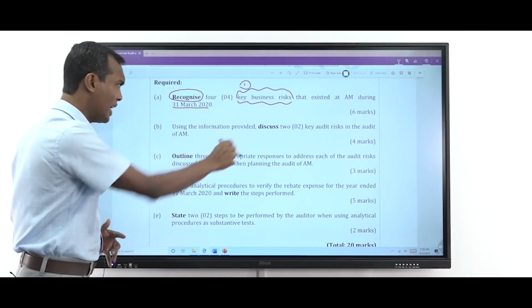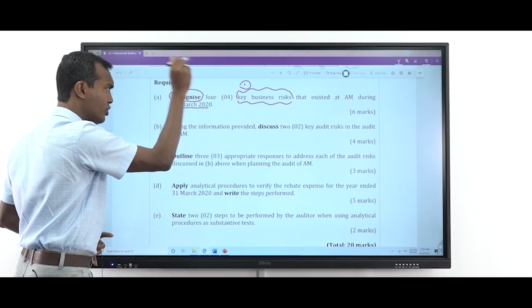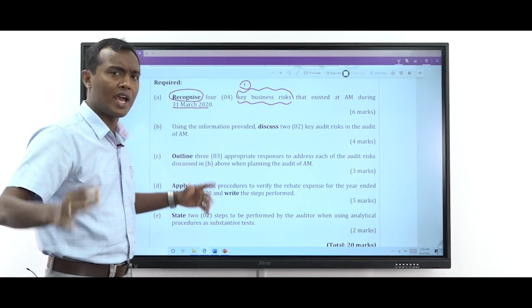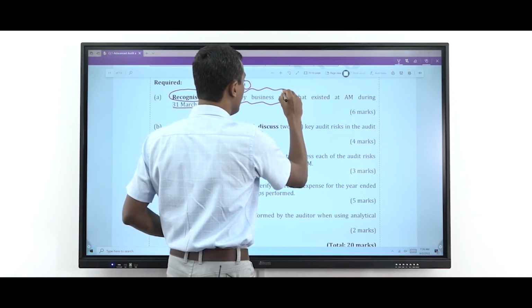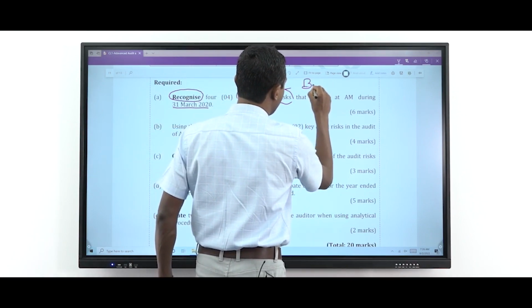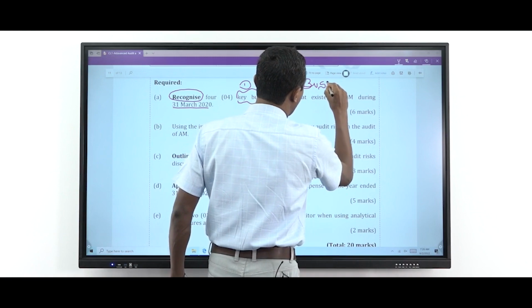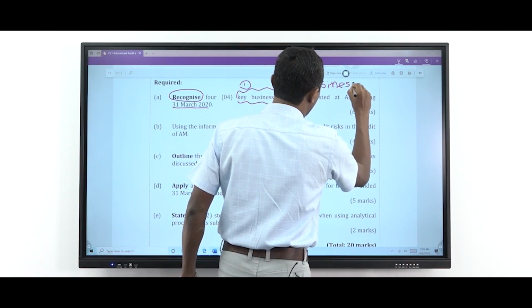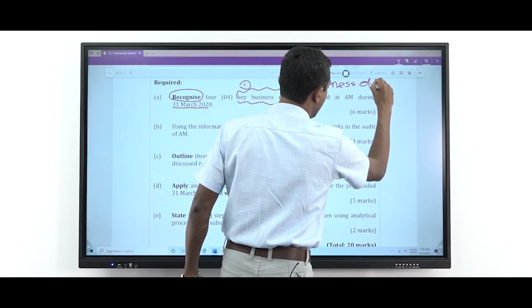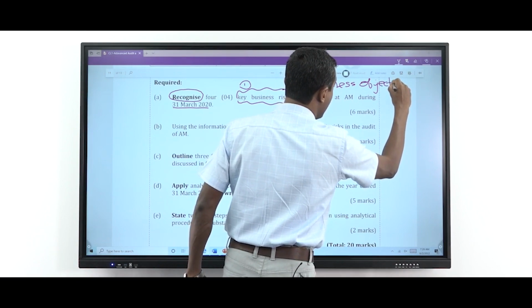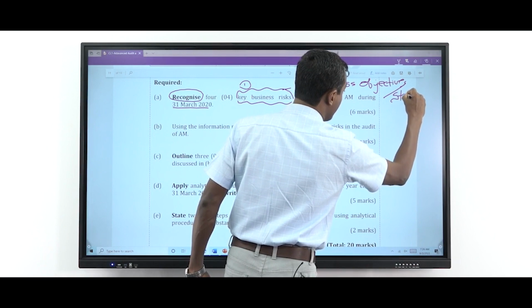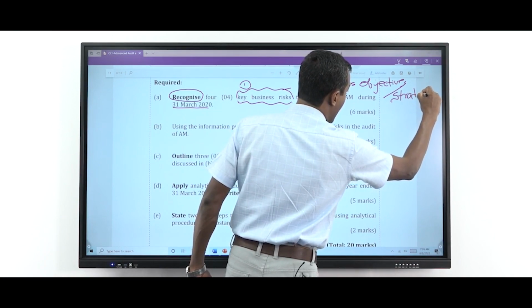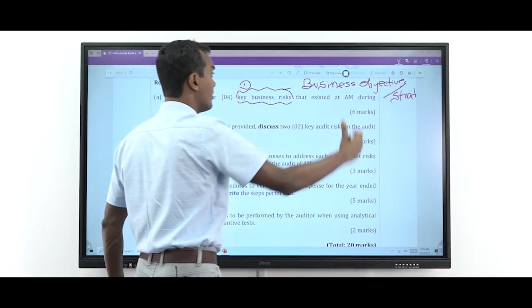Whenever you notice business risk, what you should think is, forget the financial statement. Anything that can affect business objectives in a very simple sense is called business risk. Very simple explanation. Anything that can affect business objectives as well as what the business is going to do in terms of strategy. For example, COVID.